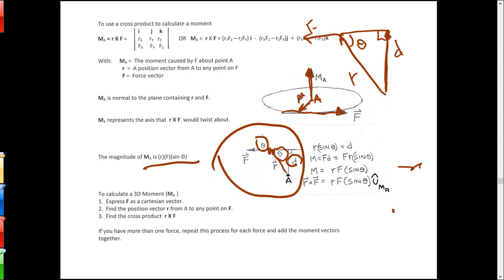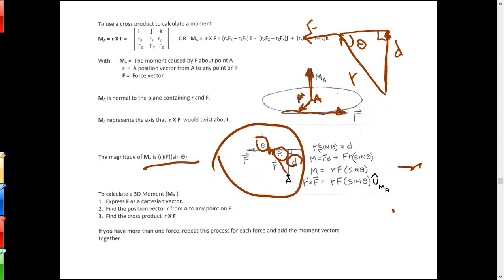So the magnitude of the cross product of R crossed F is RF times the sine of theta. R sine theta is D, that perpendicular distance, and I've still got that F in there. So a cross product gets me F times D, D being the perpendicular distance. It just pops right out.